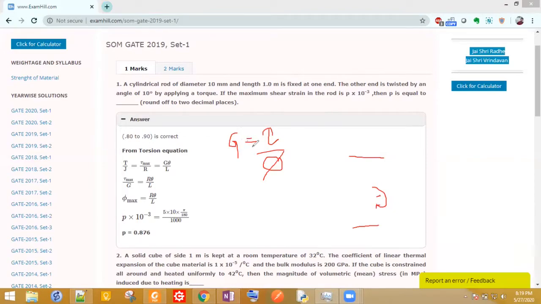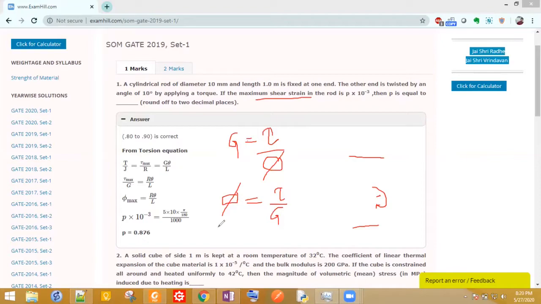If you bring the G to this side, your equation becomes strain like this. And we need to calculate shear strain, so that is why we have arranged it like this. Now you got the concept of why we have arranged tau by G, because we need shear strain.